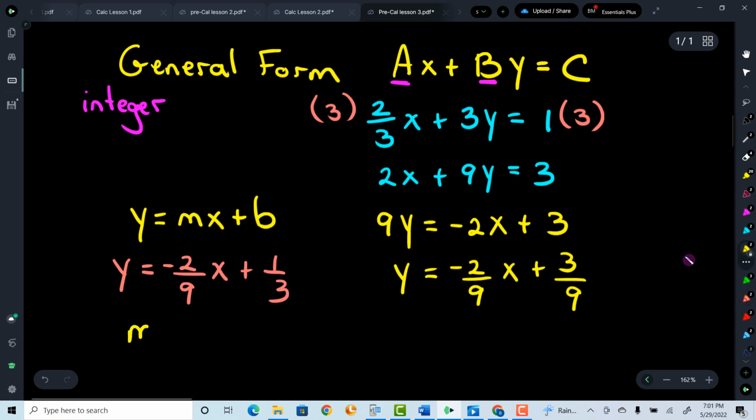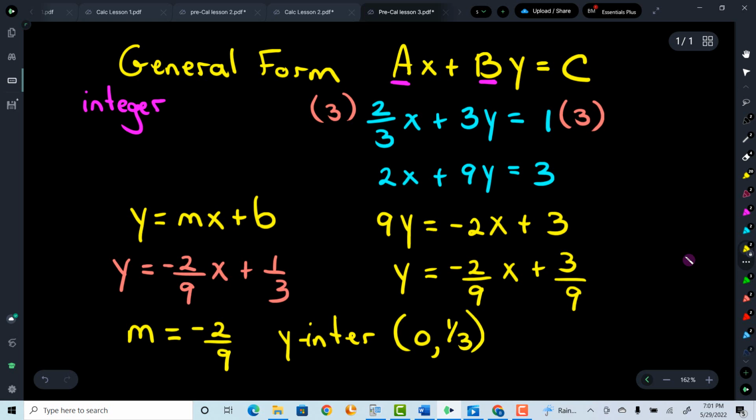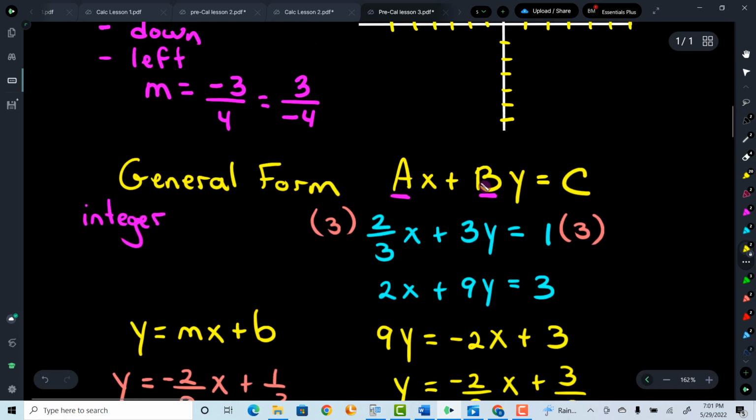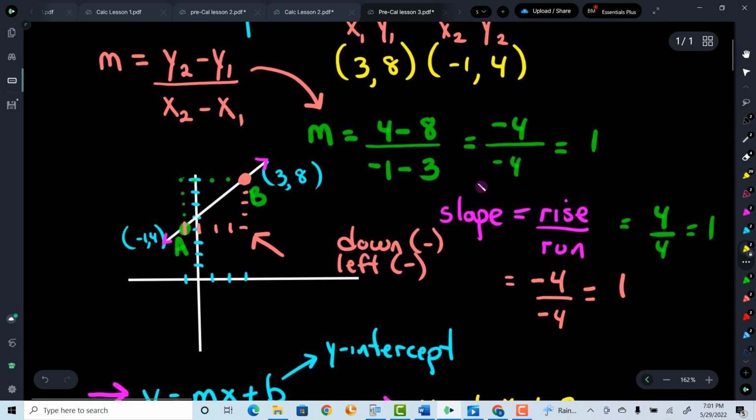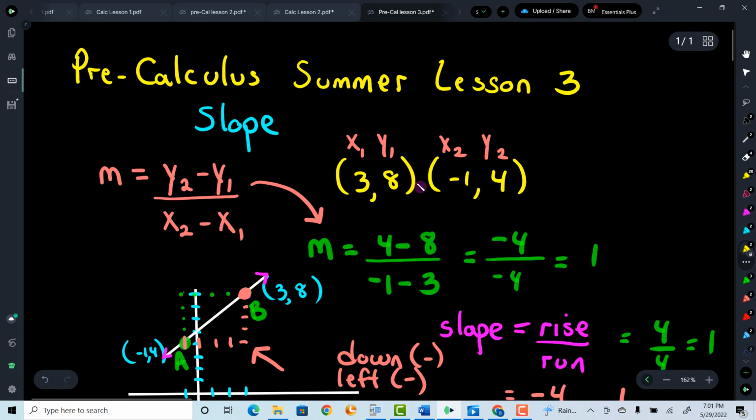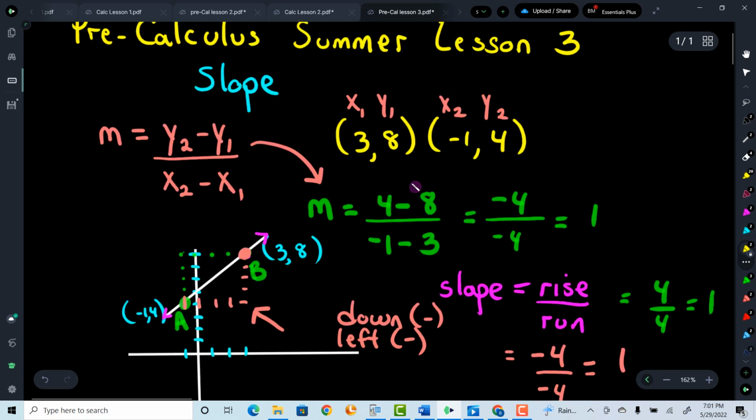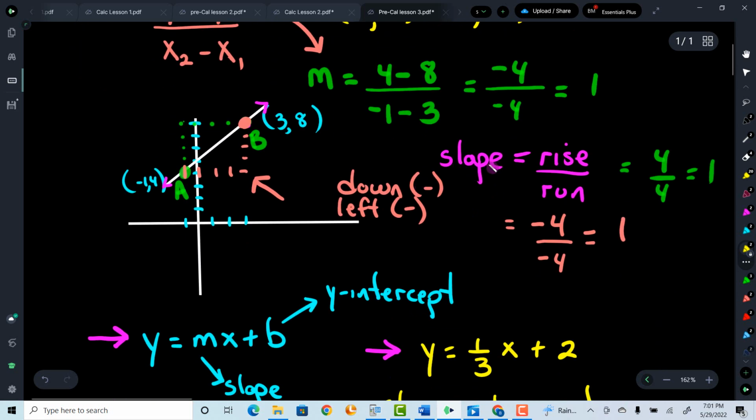What's the slope of that line? -2/9. What's the y-intercept of that line? The point (0, 1/3). Okay? So we have finding the slope from 2 points. We have the slope using rise over run from the graph.